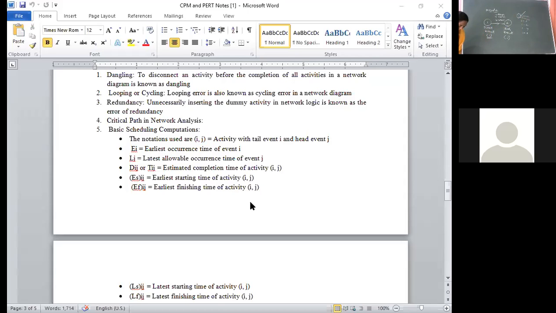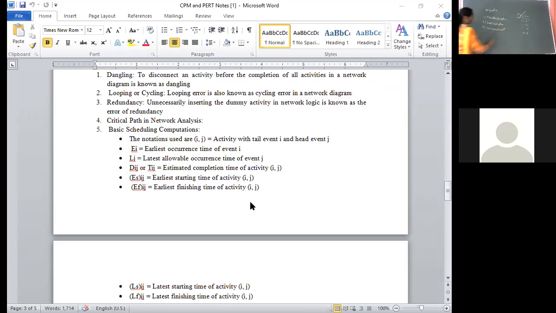Okay. Then, in activities, we again have types. The first one, which is important, is predecessor activity. The second one is successor activity. The third one is concurrent activity.